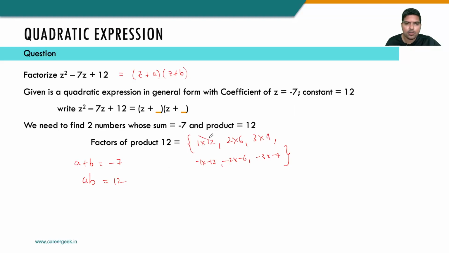All the positives can go because we have a sum which is negative. So let us see, this is -13, -1, -12, -2, -6, -8, and -3, -4 is -7. This is the correct one. So z plus of -3 multiplied by z plus of -4, which is nothing but z minus 3 multiplied by z minus 4. This is the factored form of this.